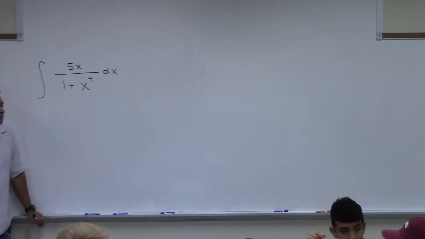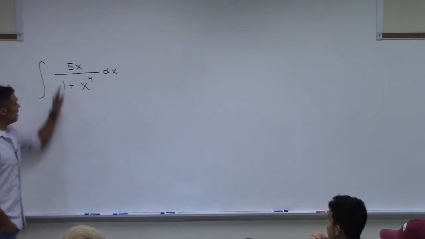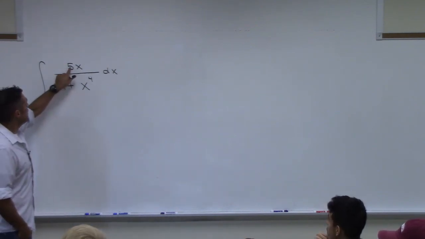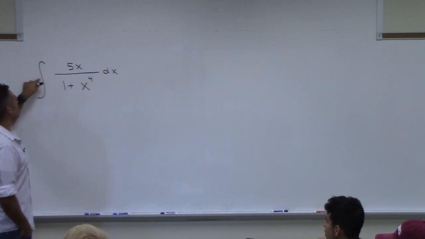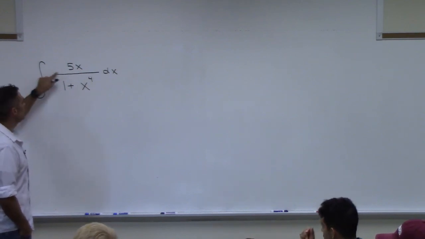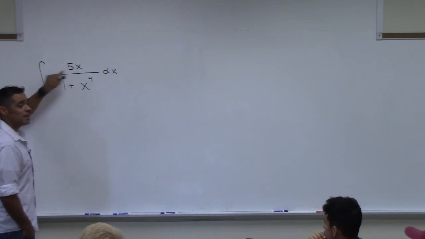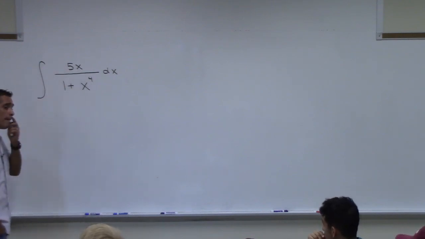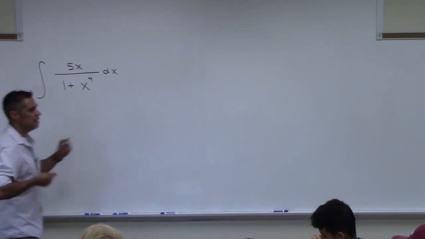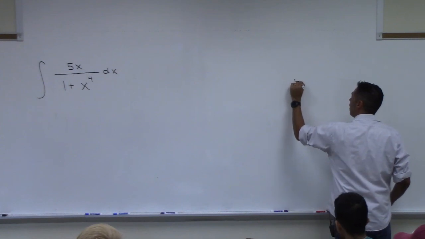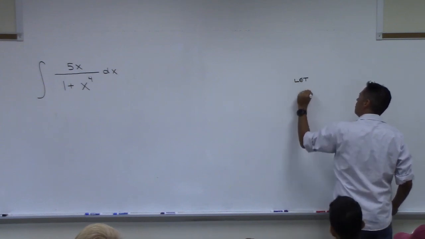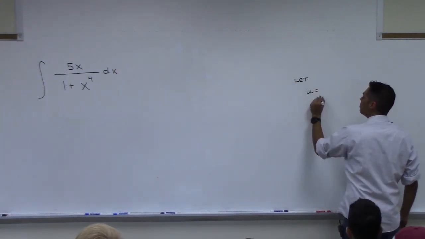Yes? Can you separate the 5 and the x? Yeah, you can peel this 5 out. In fact, that 5 could come out here, and we could even place it out here, which I will start doing later. But yeah, because of multiplication, you can. Yes? And then the derivative of x. Okay, good. So let's go with this. I'm going to put it over here because this is just us thinking. Let u be, what did you say, x?